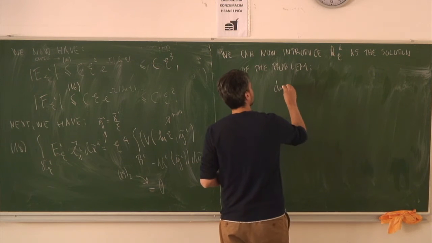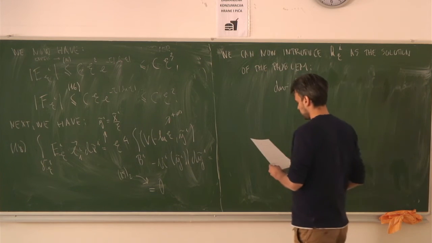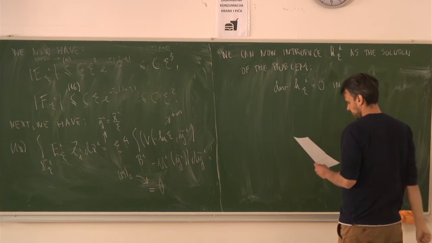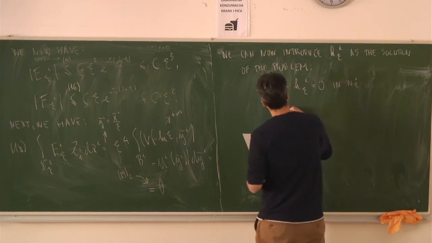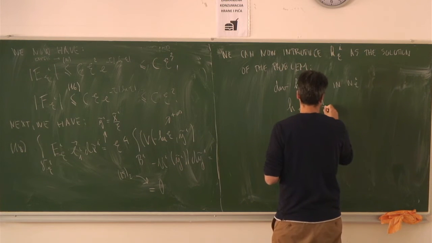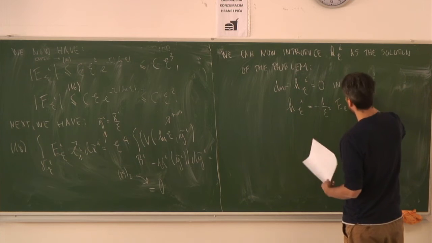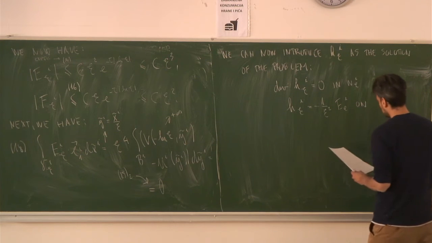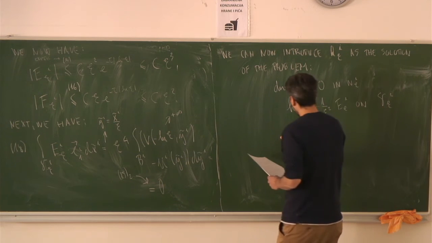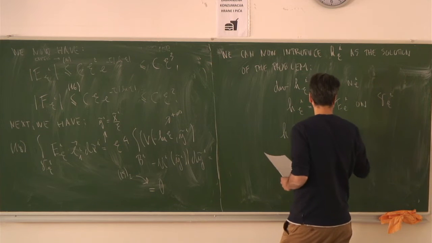So divergence h epsilon I is equal to 0 in v epsilon I. H epsilon I is equal to minus 1 over epsilon squared e epsilon I on this omega epsilon I, and h epsilon I is equal to 0 in the rest of the boundary.